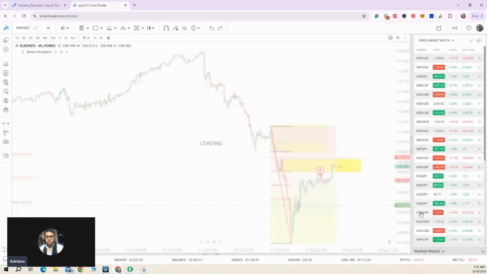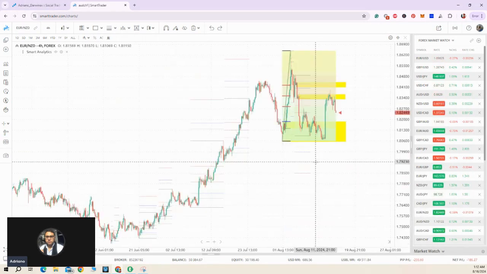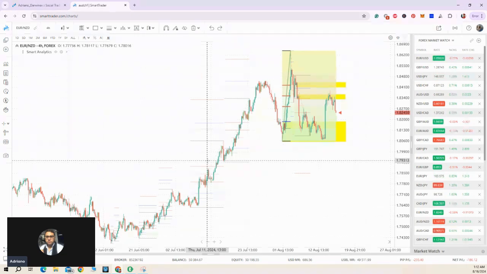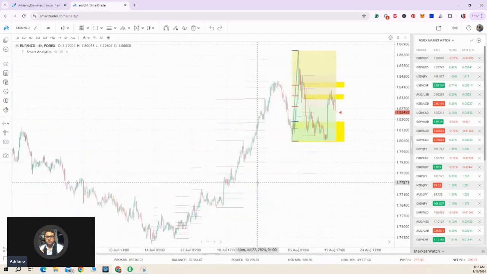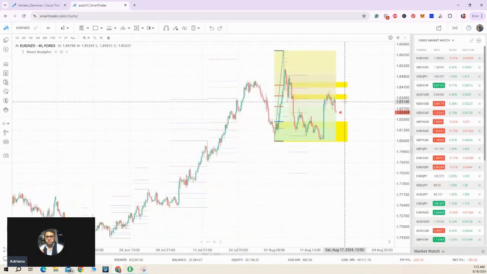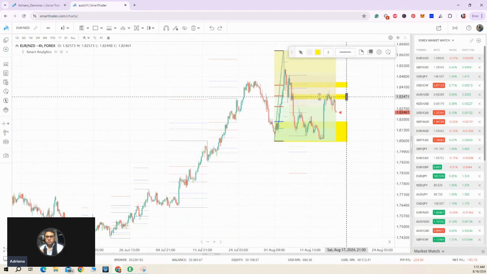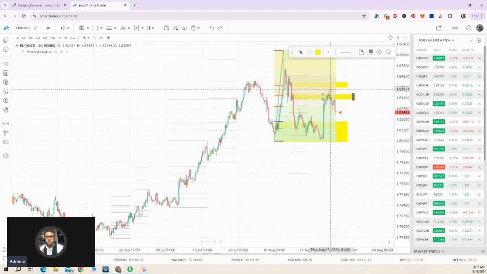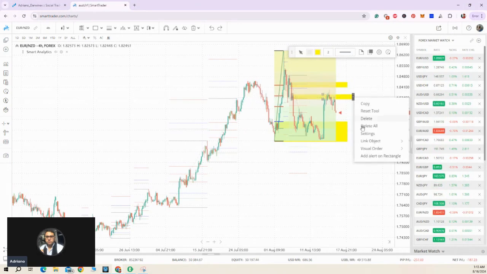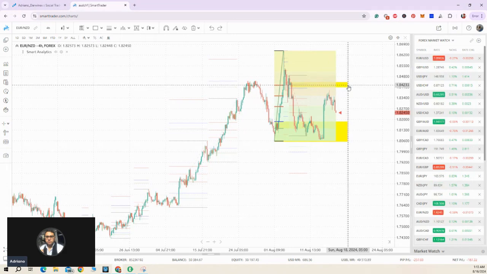Euro NZD. So it broke this supply, kind of respected, but violated. So in this case, it does not work for me anymore.